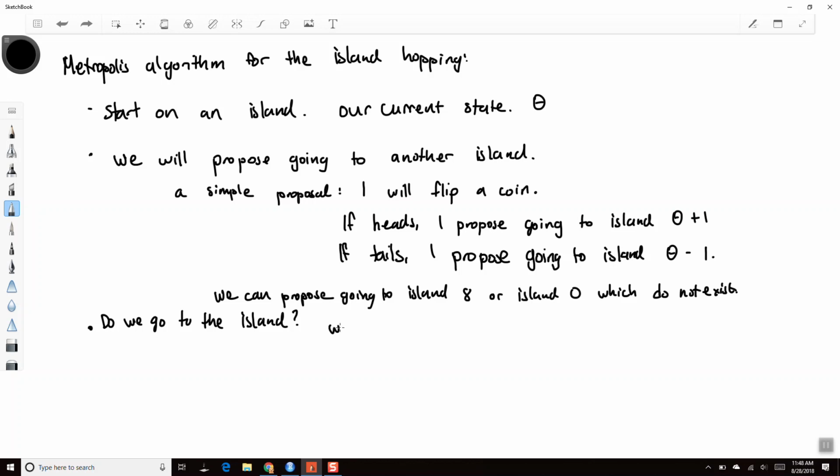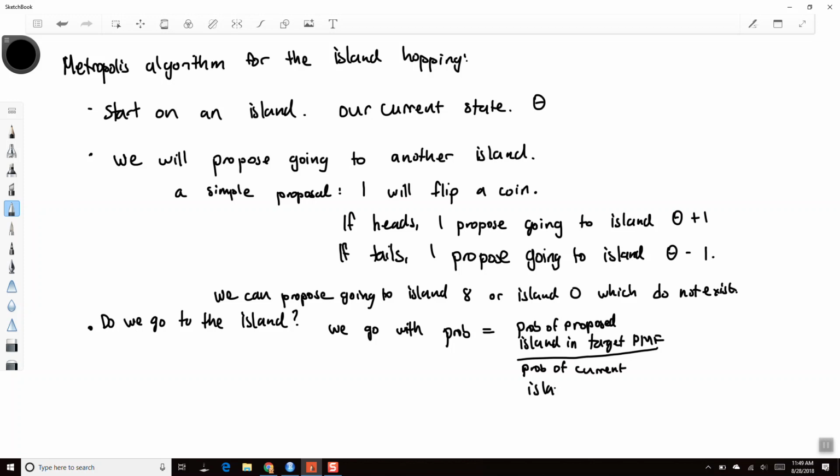So we'll say we go with probability equal to basically the probability of the proposed island in the target PDF, divided by the probability of the current island in the target PDF, PMF, okay?